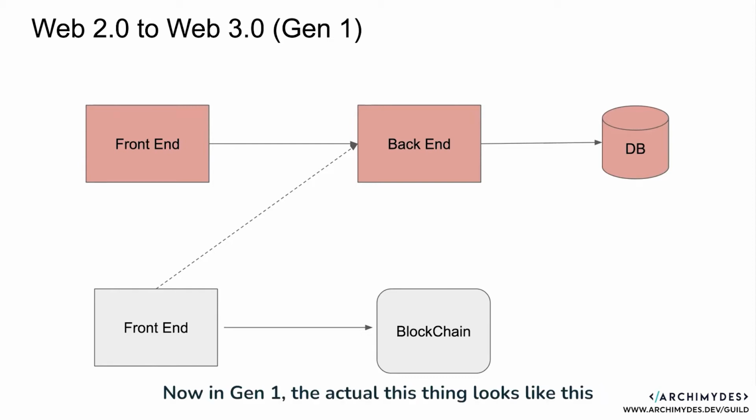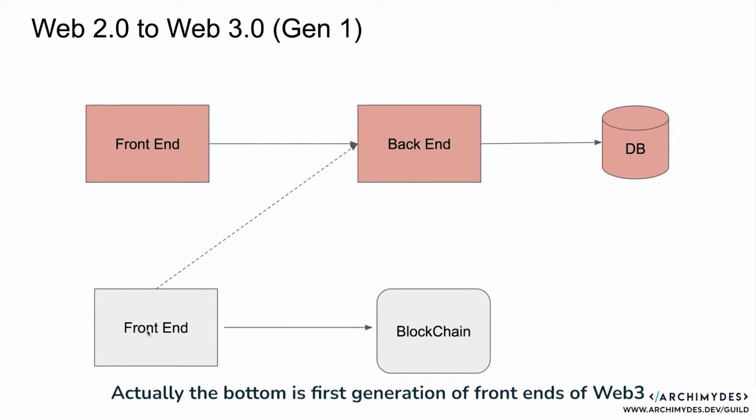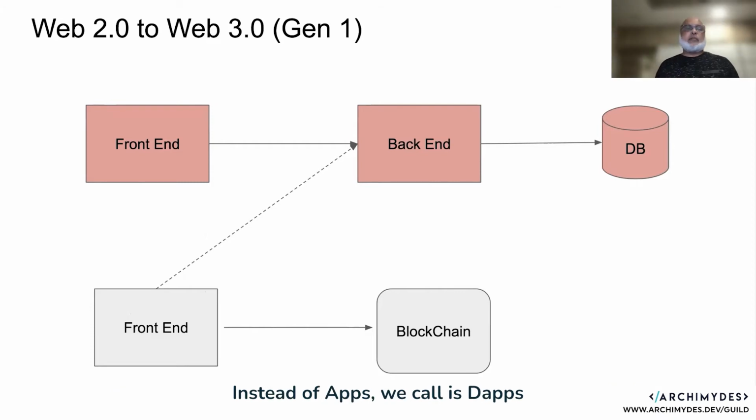Now in Gen 1, this thing looked like this. You will have a front end here. The bottom is the first generation of front ends of Web3. Instead of apps, we call them dApps, right? Decentralized applications. Now, what do they decentralize? They still have a similar front end, right?